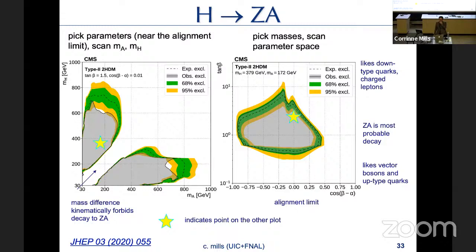I show this plot because I think it's a nice illustration of how these kinds of searches are interpreted. You can look for A to ZH or H to ZA with the same signature, which is convenient. We have the mass of the pseudoscalar on the x-axis, the mass of the scalar on the y-axis.